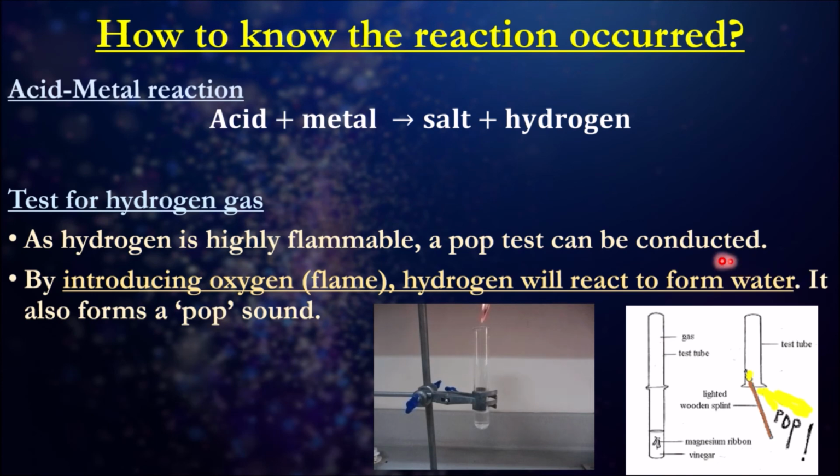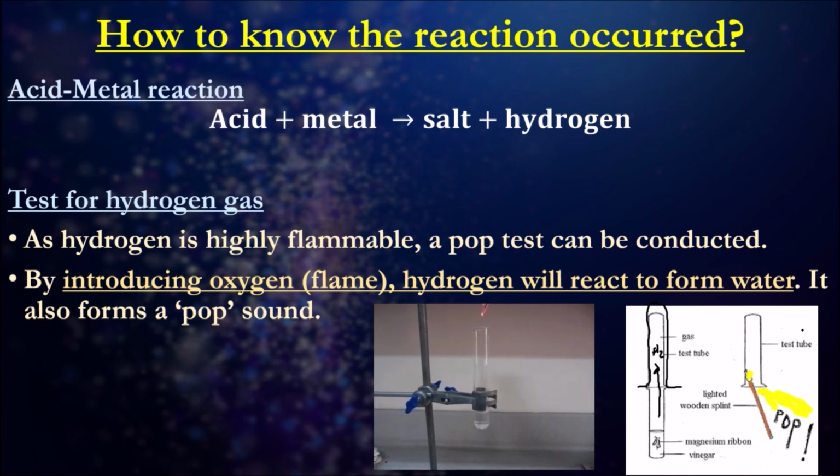One easy way to do it is if you have two test tubes, when you react the acid with the metal, you cap another test tube on top because hydrogen gas is lighter than air. So when you do this reaction, the hydrogen gas is going to rise up. If you have a test tube capping on top of the other test tube, you can lock the hydrogen away.